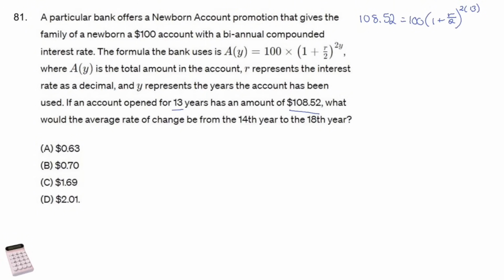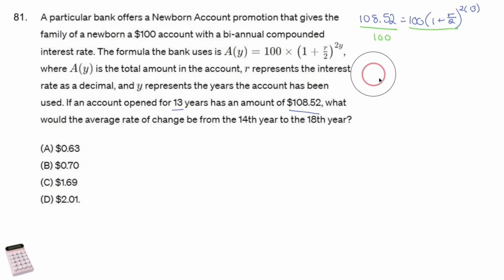I could do two things right here, so I'll do both of them. I could divide both sides by 100. So now I could do this in my head. That's just going to be 8.52. I mean, you could use a calculator, but the numbers are friendly enough where I could just do that. No, it won't. It'll be 1.0852.